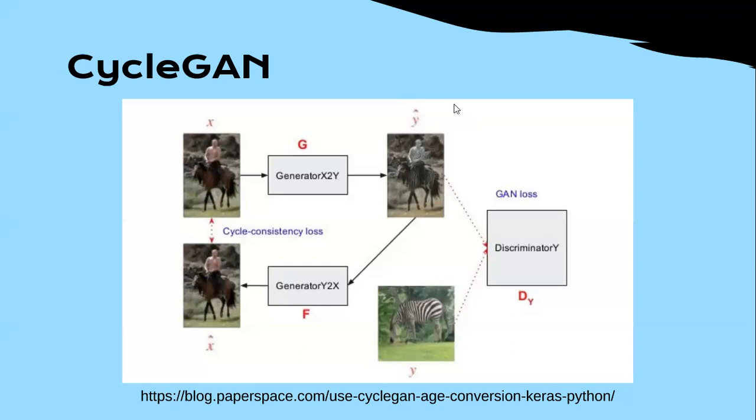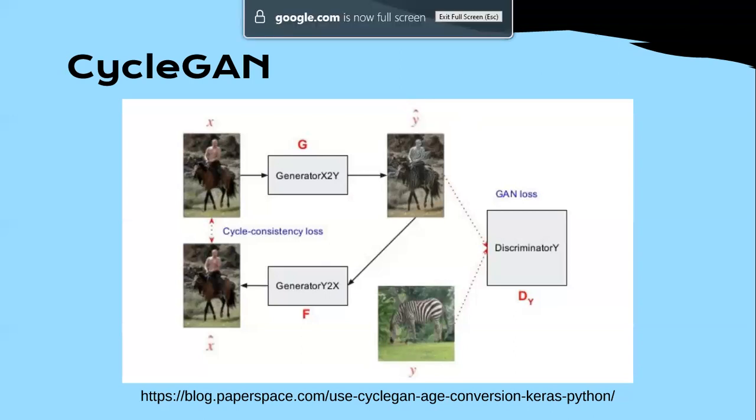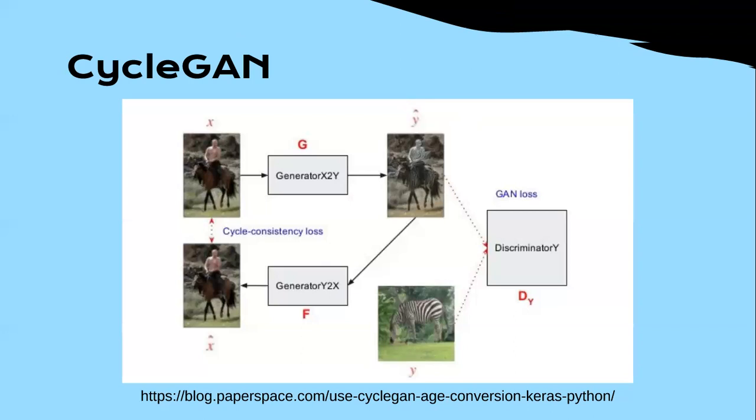When it maps it back from domain B to domain A again, meaning from zebras to horses, it passes to the generator from domain Y to X, and has another loss function. And then the model needs to minimize both loss functions to end up with a model that takes domain A and transfers it to domain B, taking the main characteristics of domain B while saving the essence of domain A.